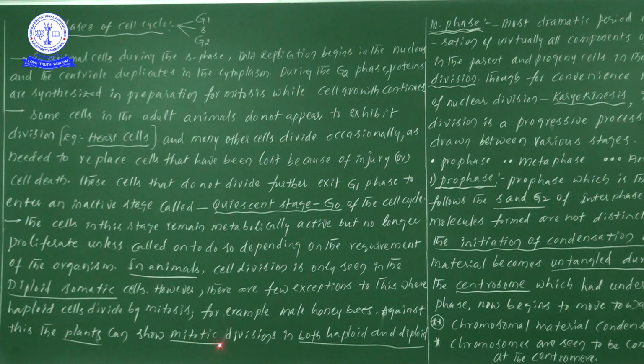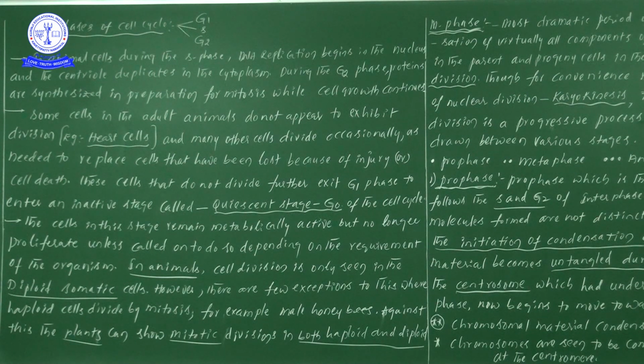So in plant cells, mitotic division can be seen in both types of cells, haploid as well as diploid. But in animals, this kind of cell division we can observe only in diploid somatic cells mostly, with one exceptional point. But in plants, mitotic division occurs in both haploid cells as well as diploid cells.